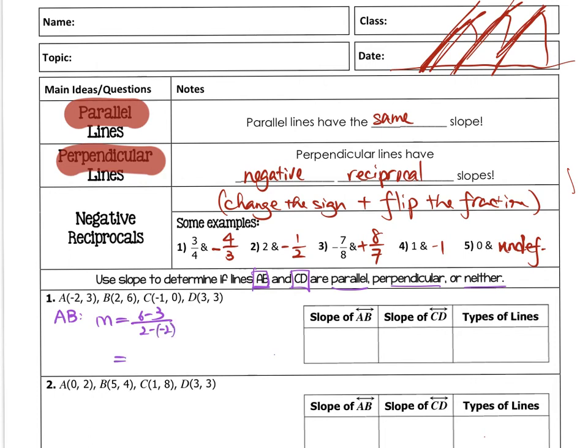So in this case, I have 3/4. Then I have to calculate the slope for CD. Each line has its own slope, right? So 3 minus 0 over 3 minus negative 1. I should have 3/4. So the slope for AB is 3/4, slope for CD is 3/4, and they are parallel.